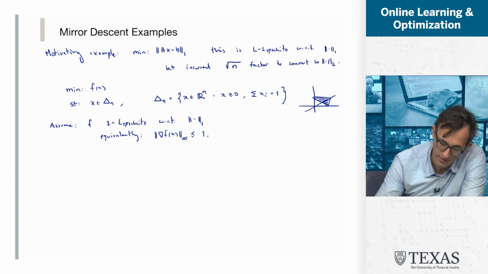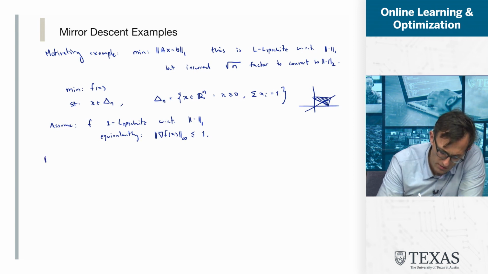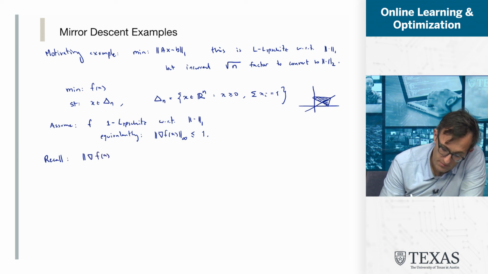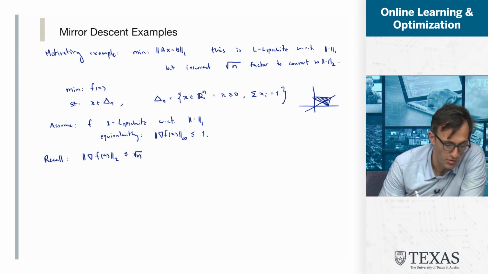So let me write this down again. Recall that the best we can say at this point is that this implies the two norm is bounded by square root of n.